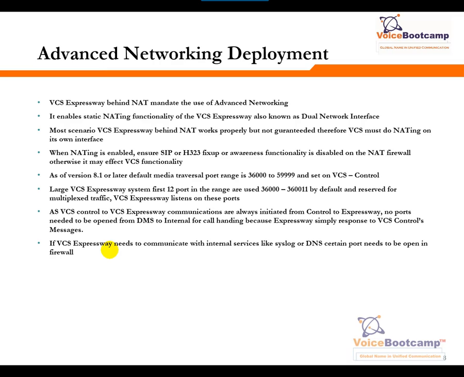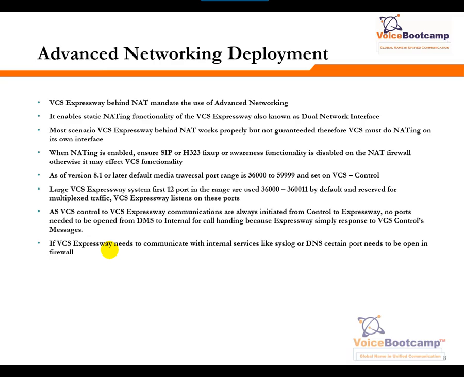If you are going to use the VCS expressway edge with dual network interface, on one of the interfaces you're going to do netting. So as the traffic goes out from the VCS to the public network, the VCS expressway edge is going to change the IP address of the internal call manager to an external IP address, or the external interface address of the VCS expressway.